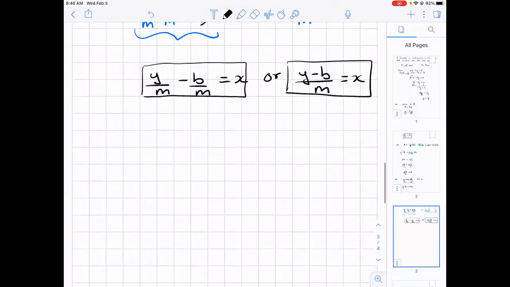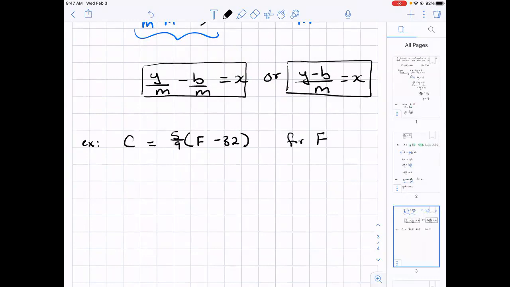Let's look at another example. How about if you're given C is 5/9 f minus 32, and you're asked for f.